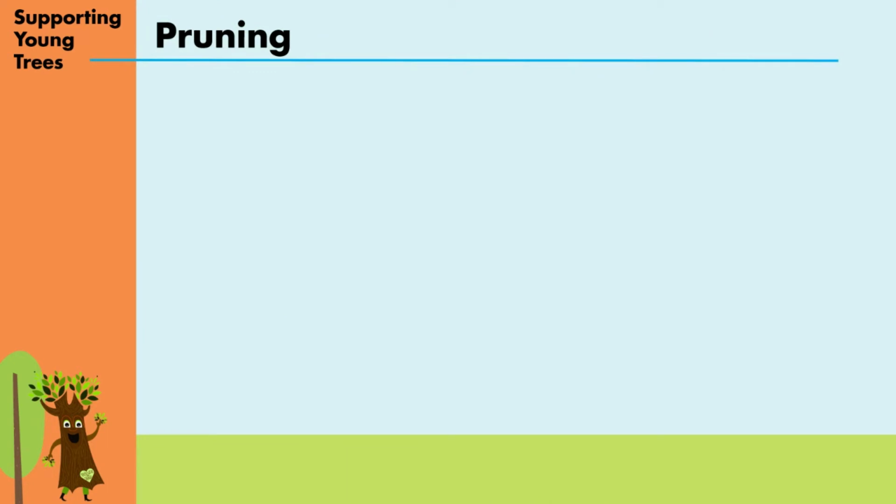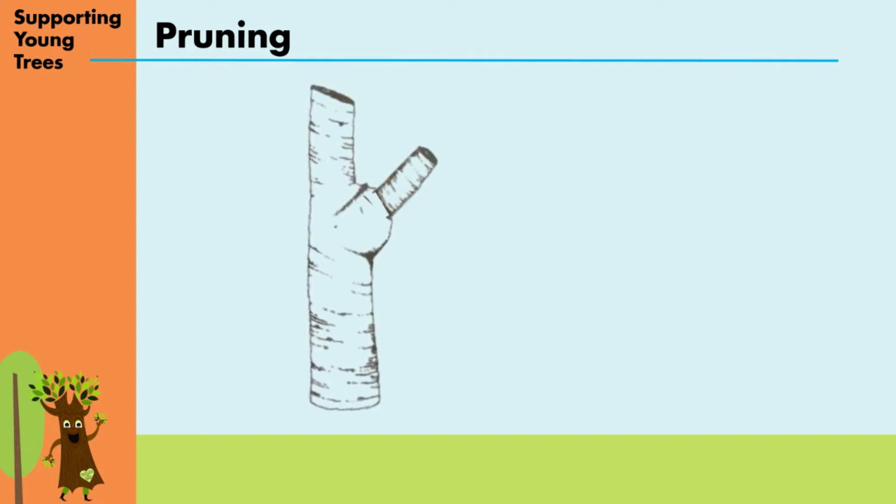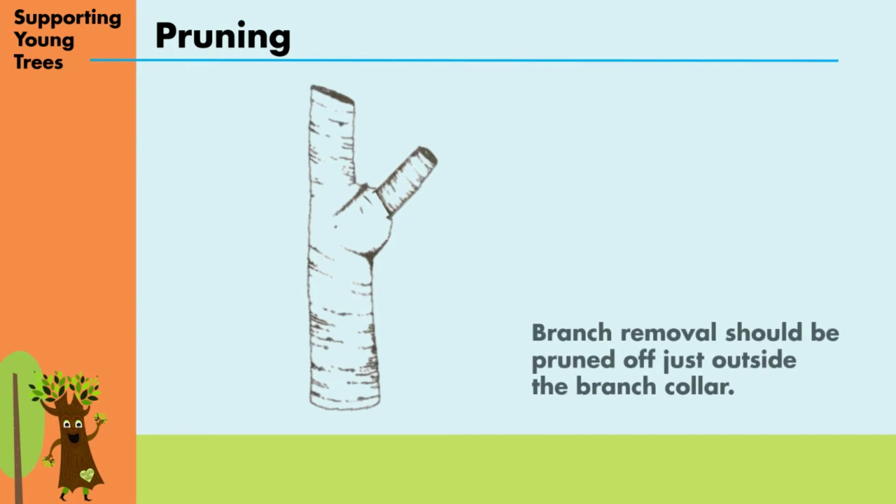There is a lot you can learn about proper tree pruning and far too much to cover in this training. One important point is that branch removals should be pruned off just outside of the branch collar. The branch collar is where the tree hormones are stored that help the tree seal off wounds.